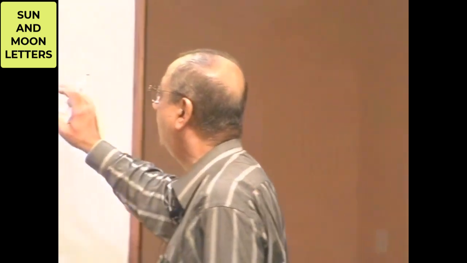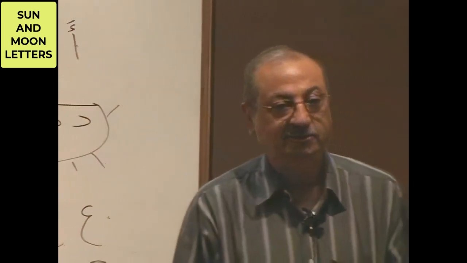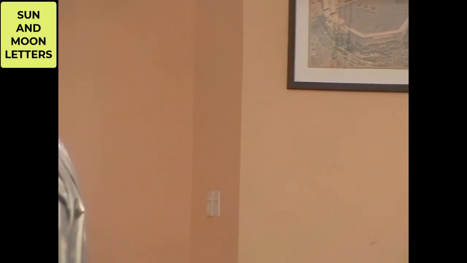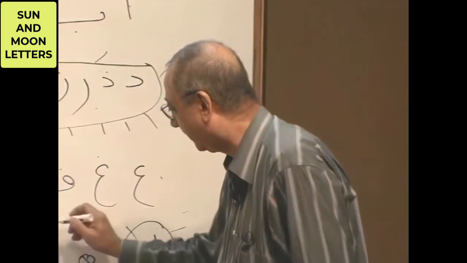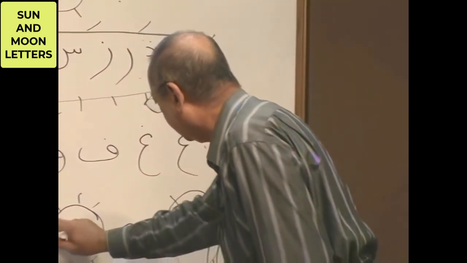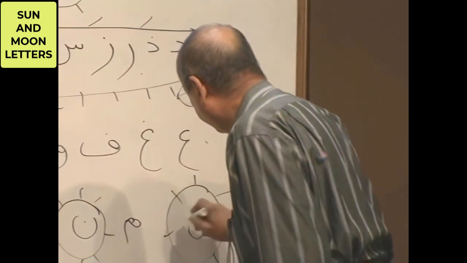Now what happens with the letters? In English, we call them moon letters, and in Arabic, we call them al-huruful kamriya, moon letters, and al-huruful shamsiya, sun letters. Okay? That's why I try to put a little bit of extra here, brothers and sisters. This is sun, okay?